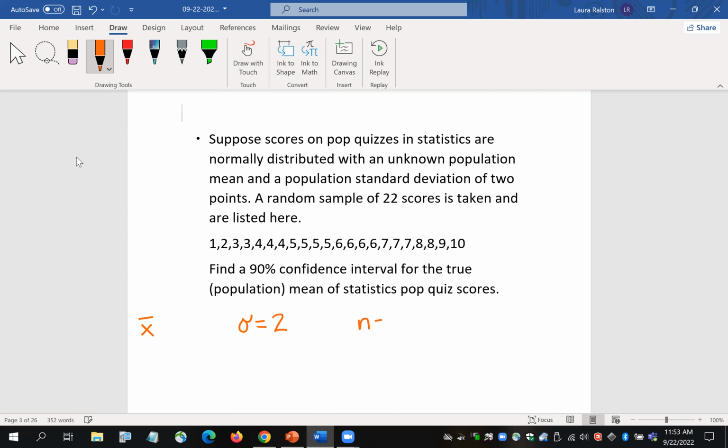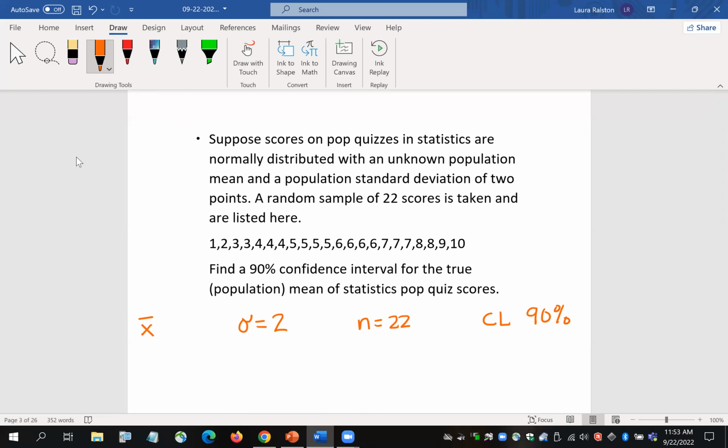It does tell you that you have 22 scores, because even if it didn't, I could count up the numbers in this list to know how many I had. And it still gives you your confidence level, which for this problem is 90%.